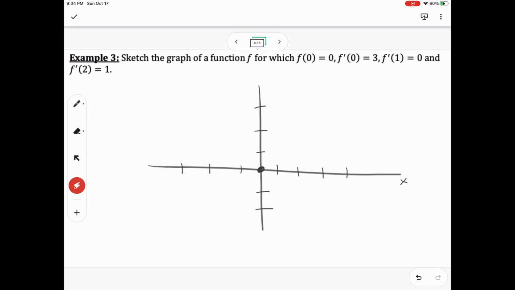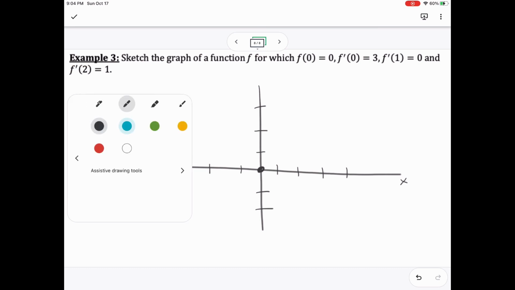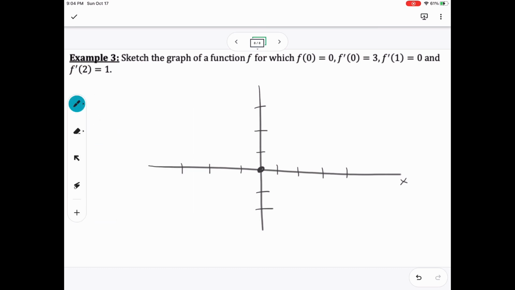So the first thing they give you is a point of 0, 0. So I graph that. The rest, because they're all f primes, they're telling you the slopes. So at f prime of 0, your slope is 3. So I can draw in what I think that slope of 3 is, and make a sketch of what I think it needs to be.